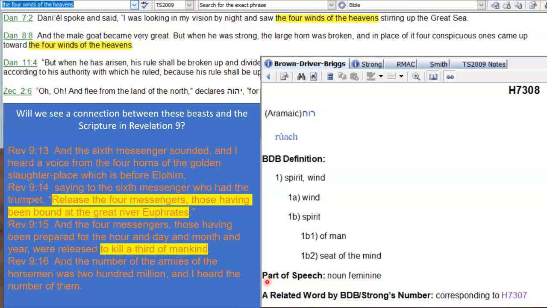I mean, that's specific, isn't it? Were released to kill 1/3 of mankind. And the number of the armies of the horsemen was 200 million, and I heard the number of them.